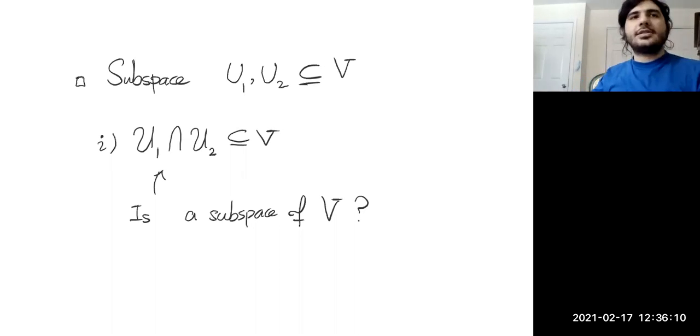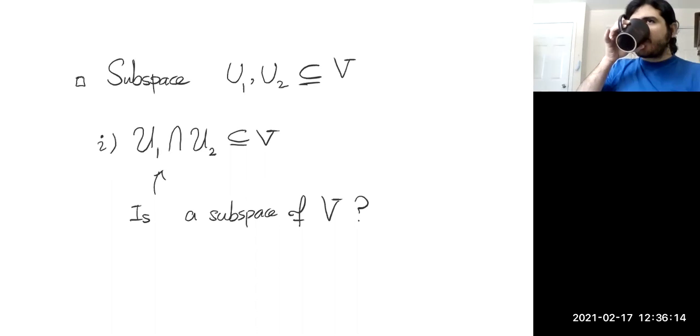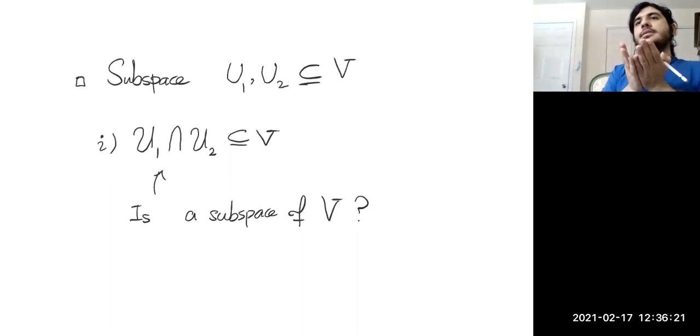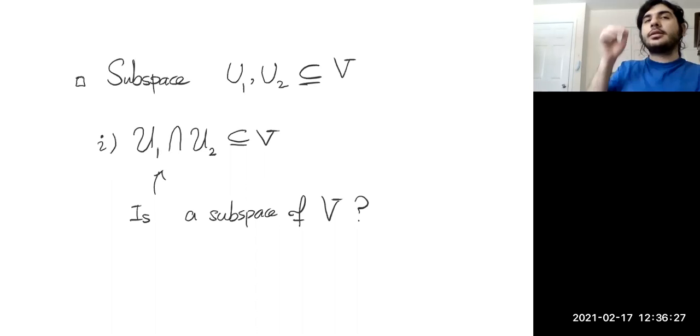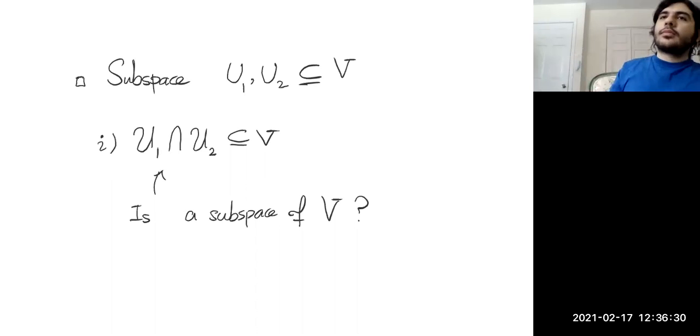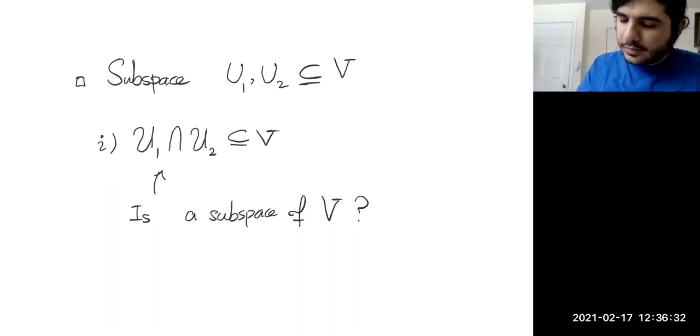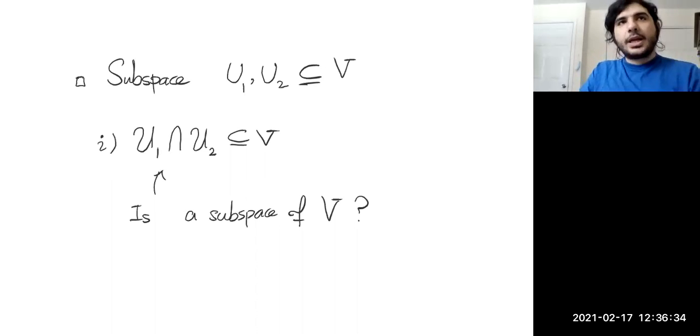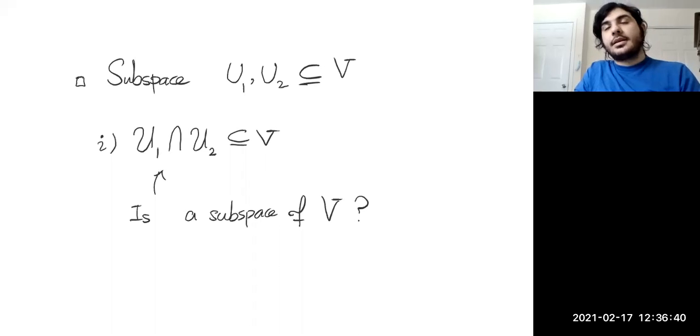Okay, you can just tell me if you know the answer. So we have two subspaces. We take the intersection of them. Do we end up with a new subspace or not? Mm-hmm. Okay, we got one yes. Yeah. The answer is yes.